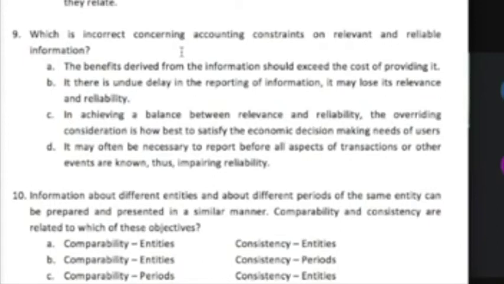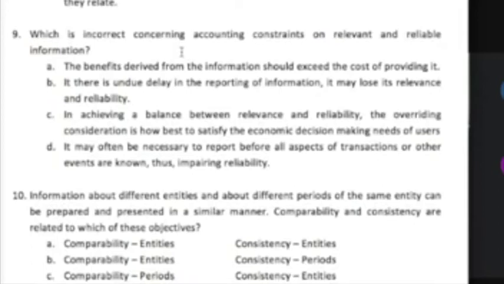Okay, so that's why letter B is the incorrect statement. That means A, C, and D are true. The benefits derived from the information should exceed the cost of providing it. This is what we meant by the cost-benefit analysis, class, the cost constraint. Letter C, in achieving a balance between relevance and reliability, the overriding consideration is how best to satisfy the economic decision-making needs of users.